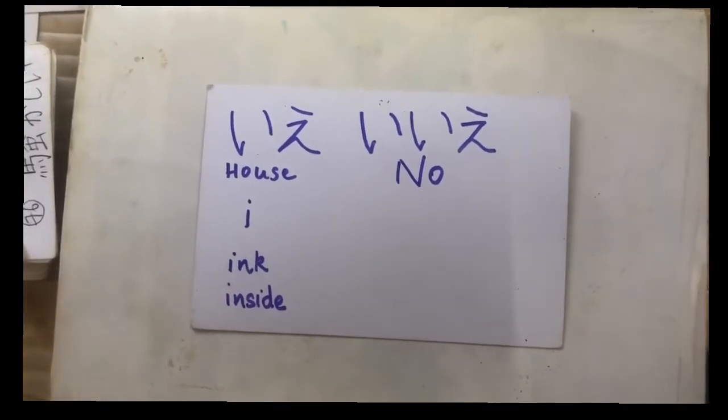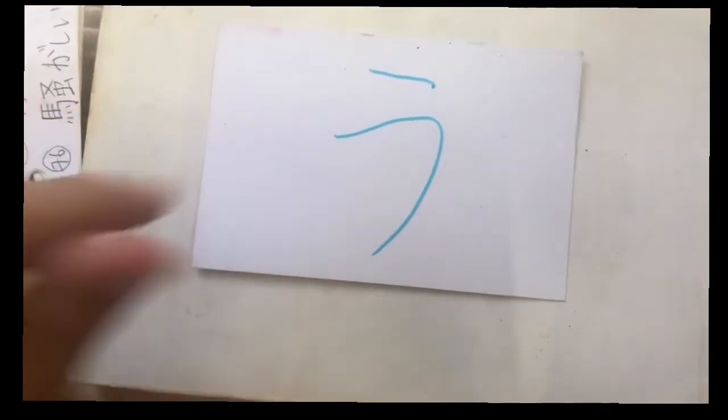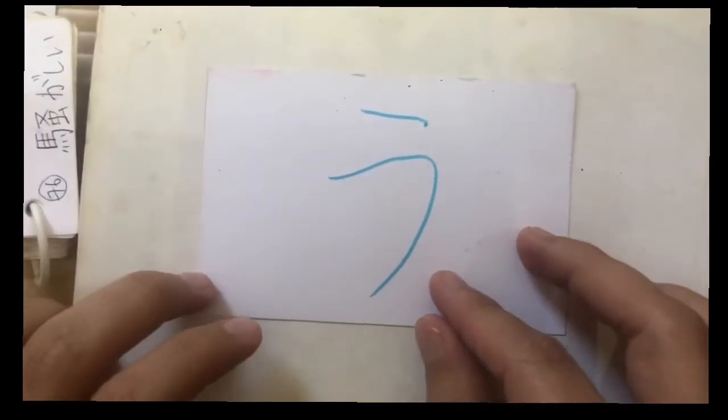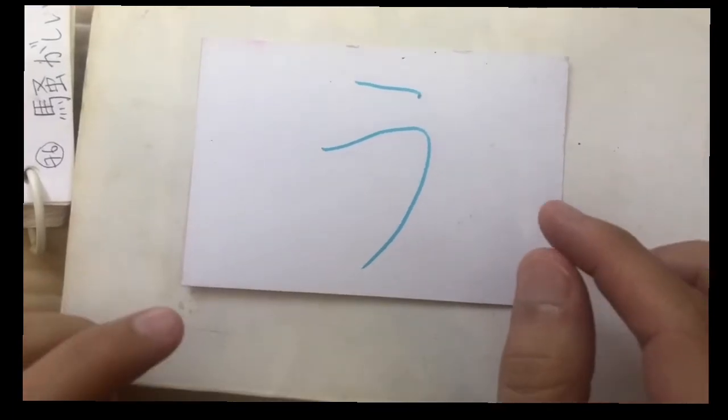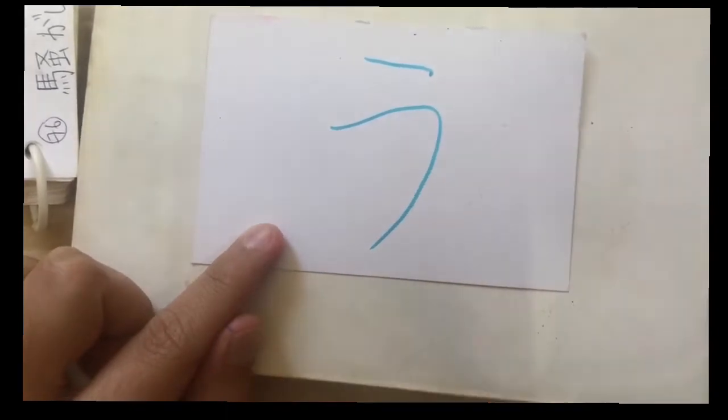Let's now go to the next character, which is U. So how many strokes are there in U? 1, 2.